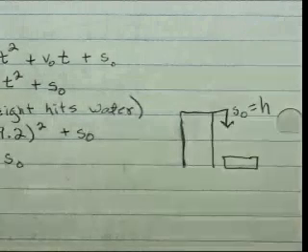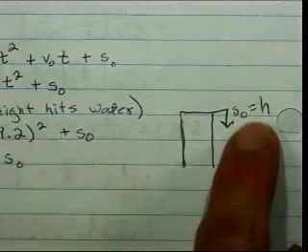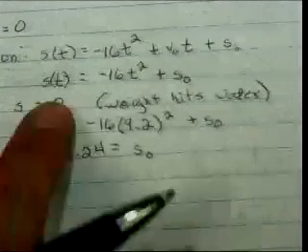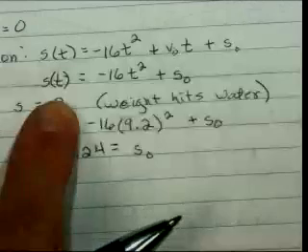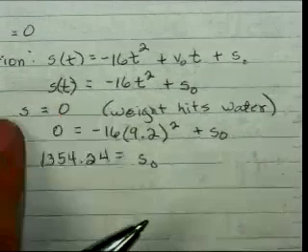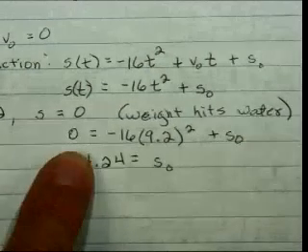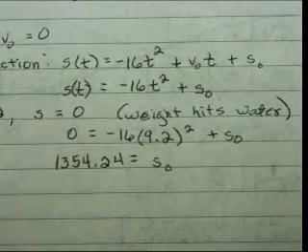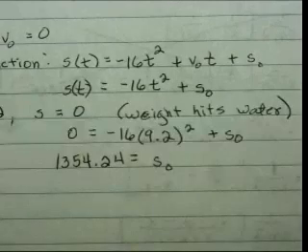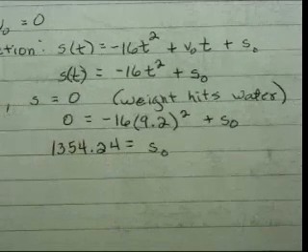And that's what we're looking for, the initial height. This S of t is the height at any given number of seconds. So at 9.2 seconds, that height is 0. Okay, so that's why we said 0 equals. Correct. Okay, I'm following it a little bit better then.